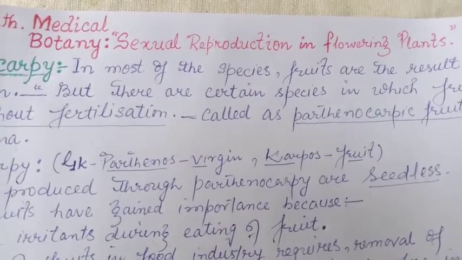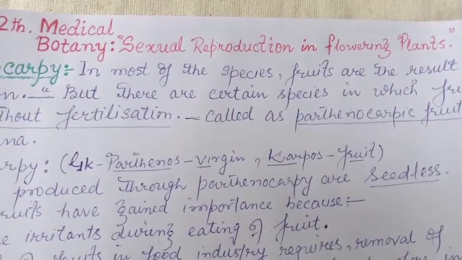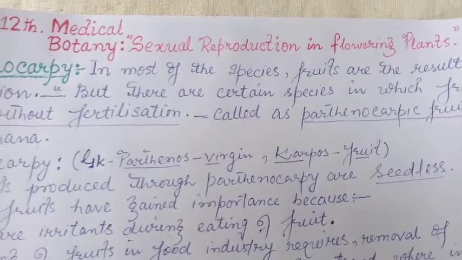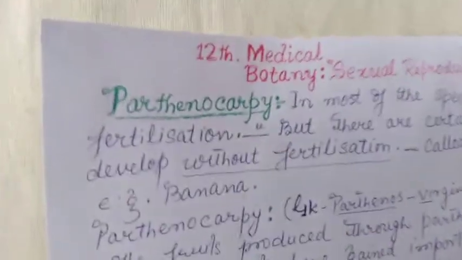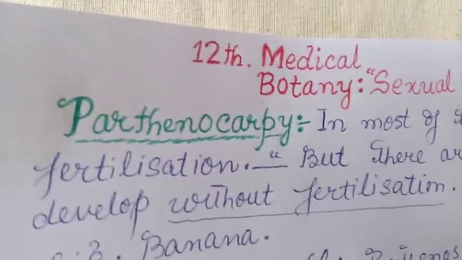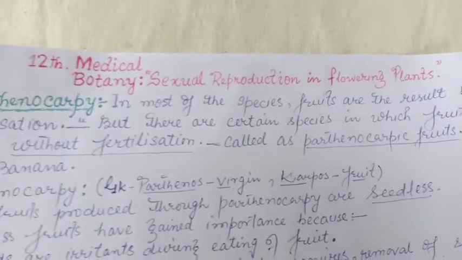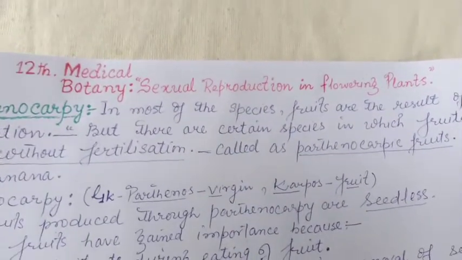First up, the event that results in the production of the fruit is called Parthenocarpy. In most species, fruits are the result of sexual reproduction, you know that.